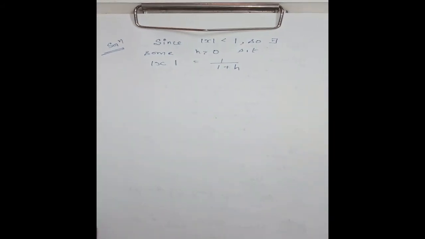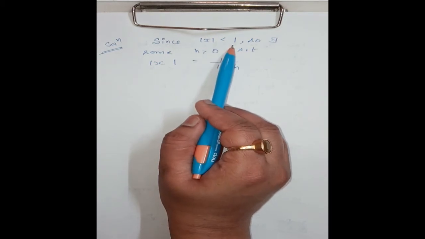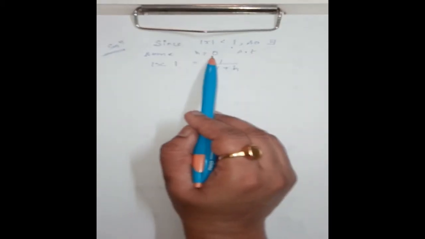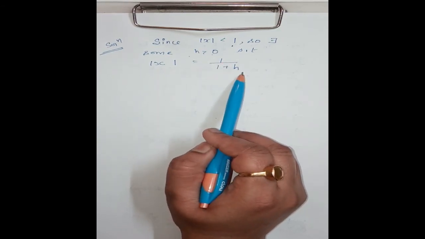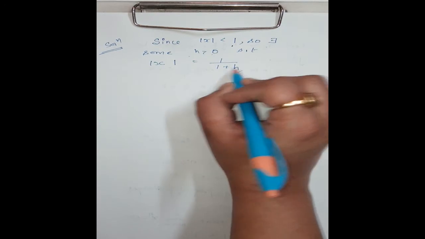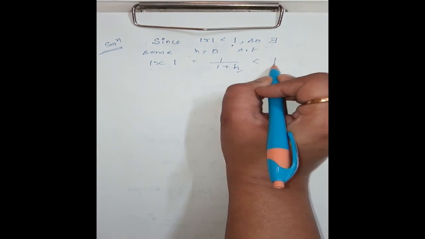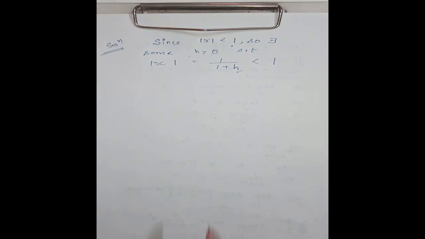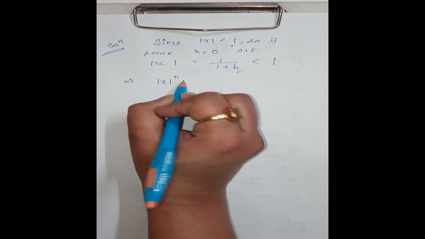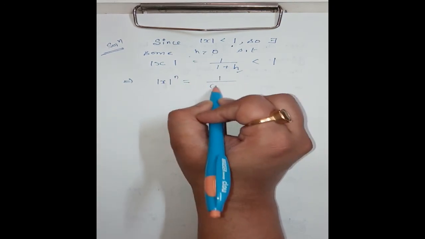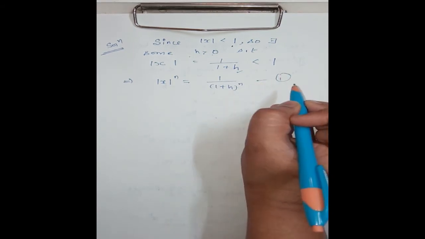Since h is positive, 1 plus h is more than 1, therefore 1 by 1 plus h is less than 1. Clear? And this will imply mod x power n is equal to 1 by (1 plus h) power n. Mark this as 1.